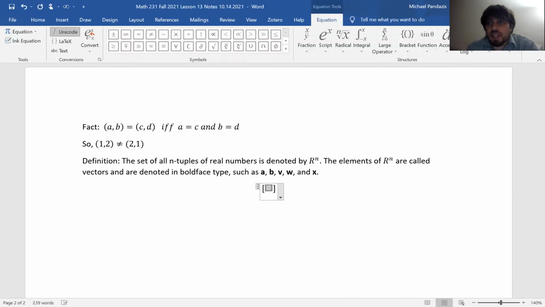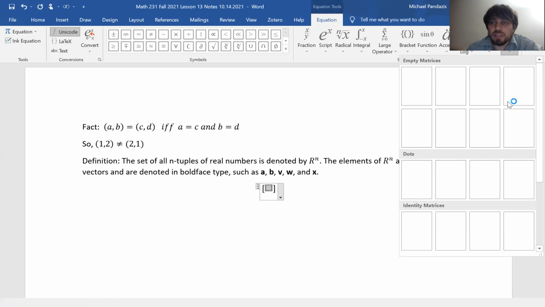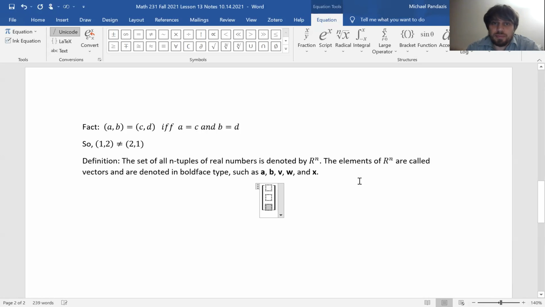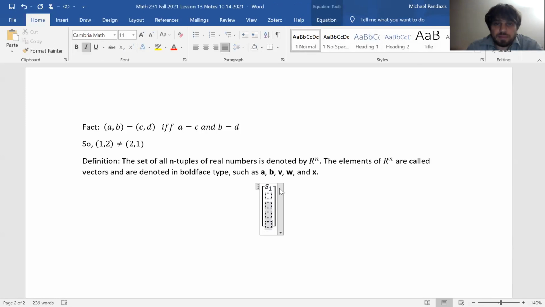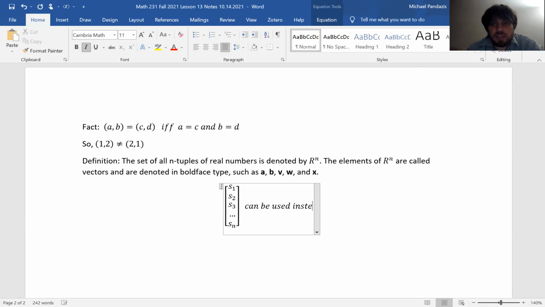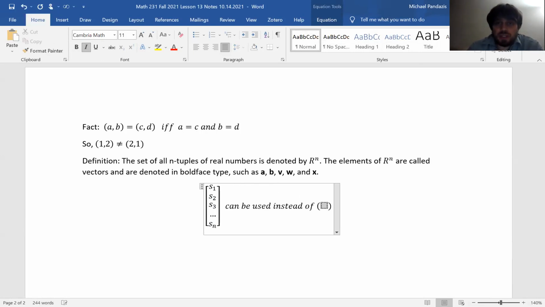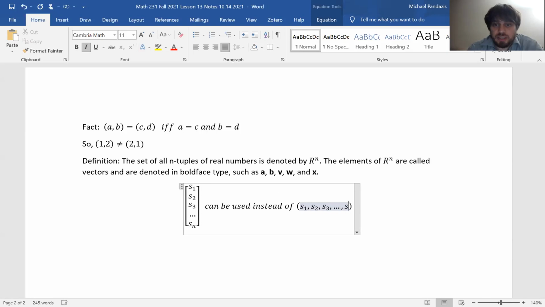So if you have, let's say, a column vector like this, then that can be used instead of the ordered n-tuples, instead of s1, s2, s3, dot, dot, dot, sn.